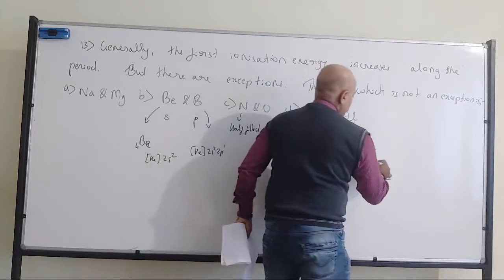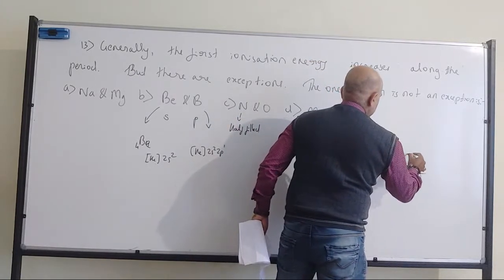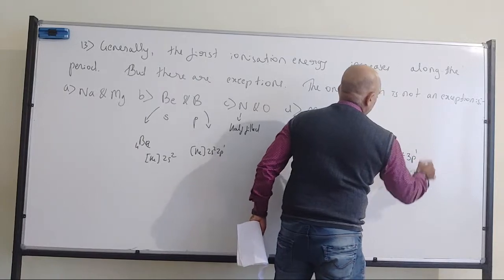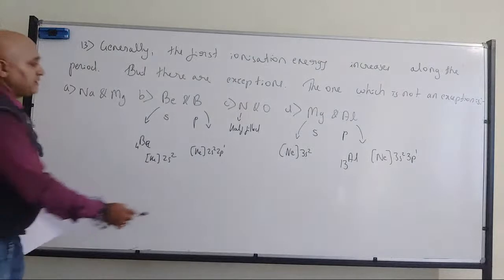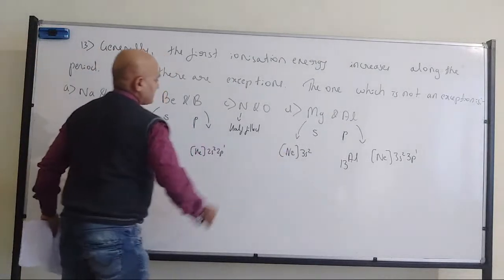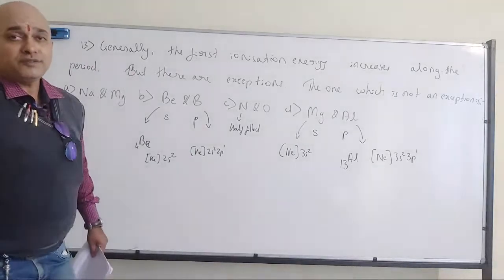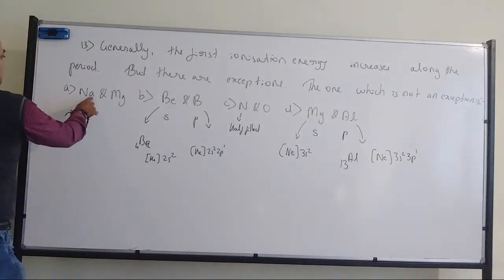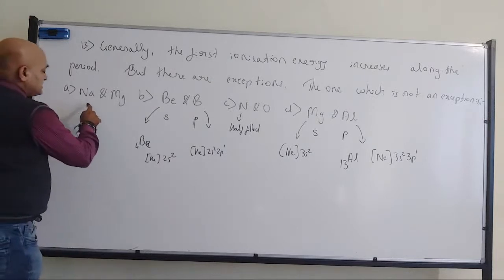So naturally it should be neon 3s2 3p1. That's where we have the P subshell. Right? Boron family. Aluminium belongs to boron family. So therefore this is not the exception.